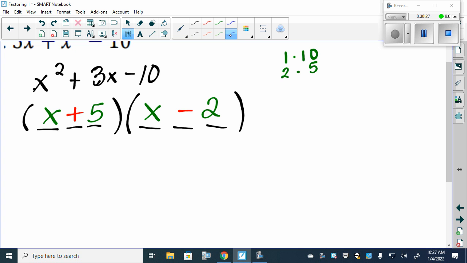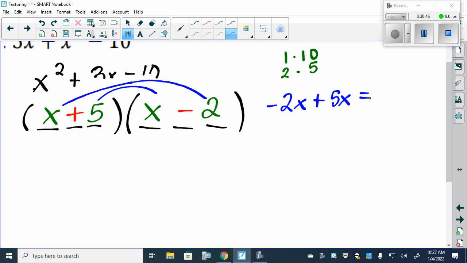And if we check this here, x times -2 and x times 5, well, x times -2 is -2x. 5 times x is going to be plus 5x, and -2x plus 5x is positive 3x, just like we wanted.